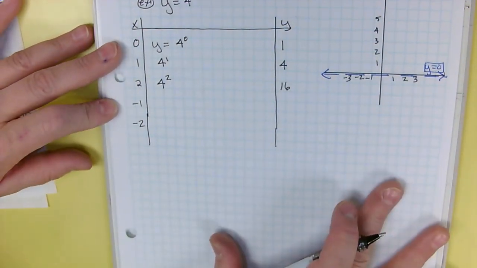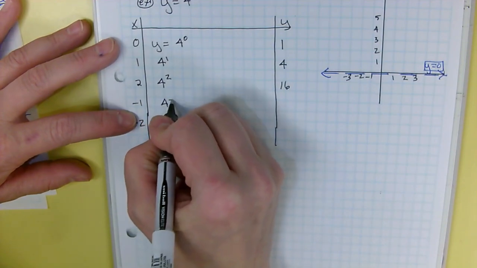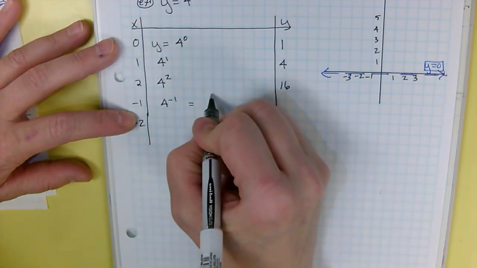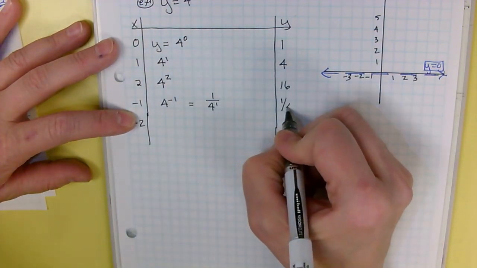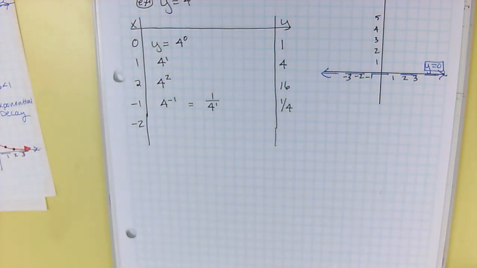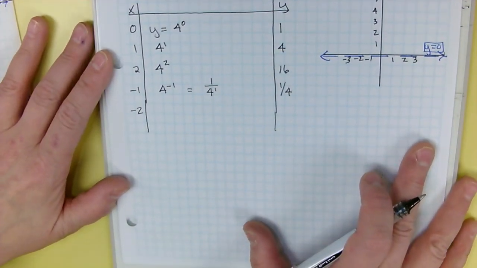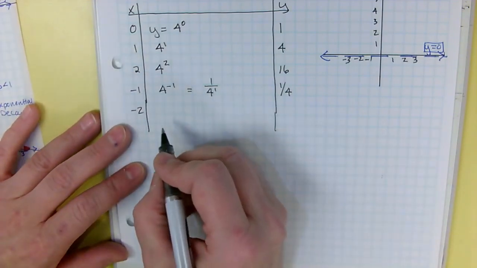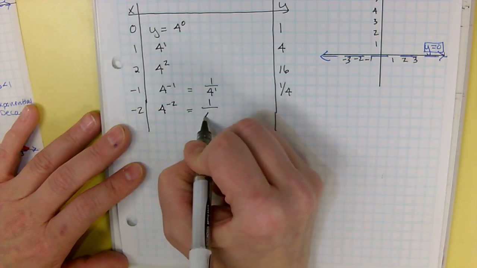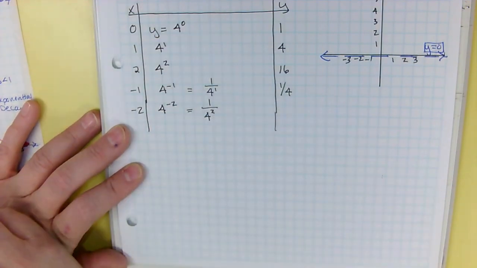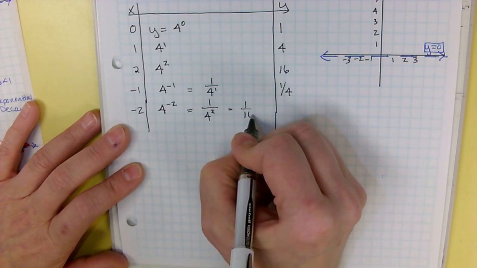Now here's where the new stuff comes in. 4 to the -1 is 1 over 4 to the +1, which is 1/4. If you're doing this right, your negative exponent should be a fraction. So if you don't get any fractions, you're doing something wrong. You've got to get at least a couple fractions. Let's do the -2. 4 to the -2 is 1 over 4 to the +2, which is 1/16.